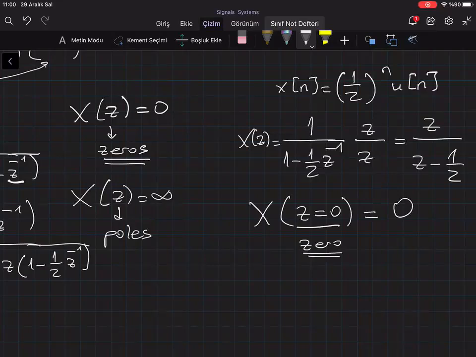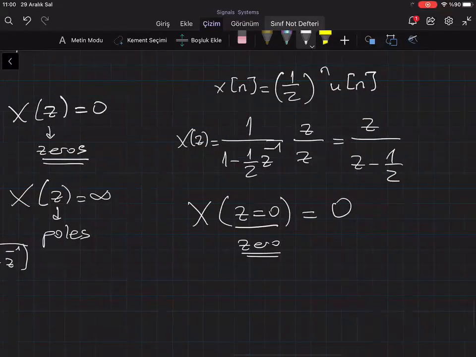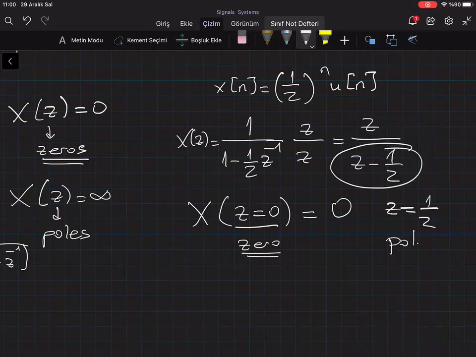How about the pole? For the pole, I'm looking at this part. And z equals 1 over 2 will be my pole. Why? Because when z is equal to 1 over 2, it's going to be z divided by 0, which will converge to infinity. Okay?